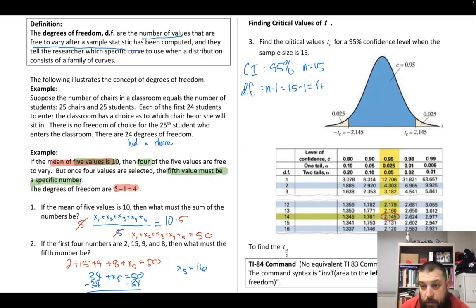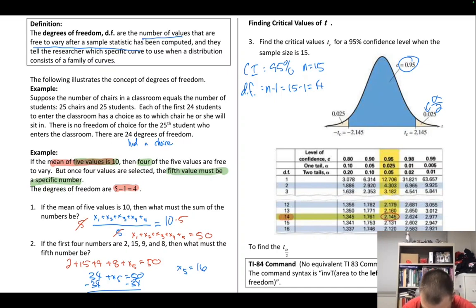And then we have our alpha divided by 2 is 0.025, because we had 95 as our confidence, and so 5% outside, and split that for our 2 tails. And so then we look here as we follow along.